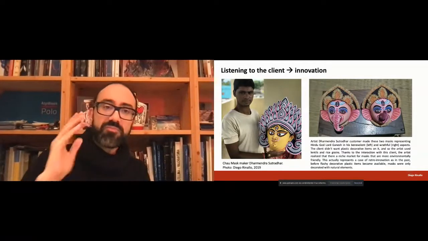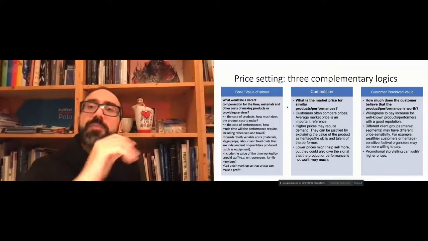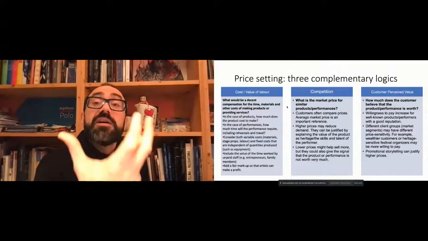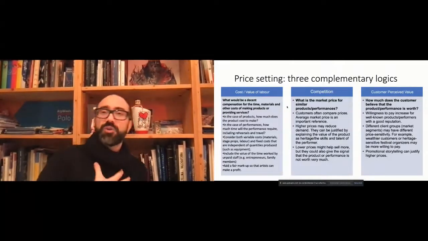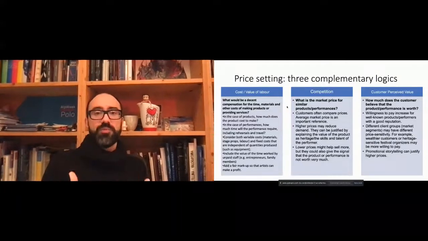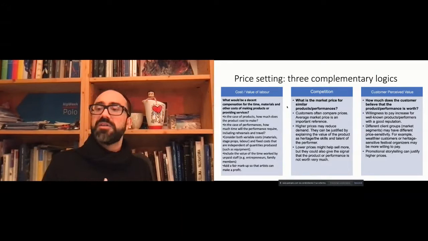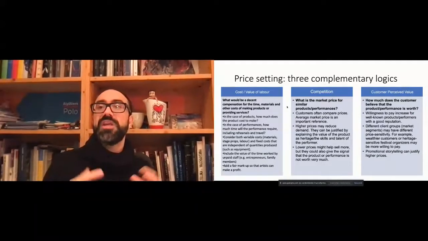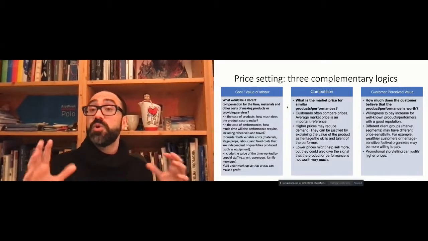Okay, so let me conclude by talking about price. Pricing is an important decision because it's about giving value to your products. So sometimes artists find it very difficult to give a value to their products, particularly if they are unique.